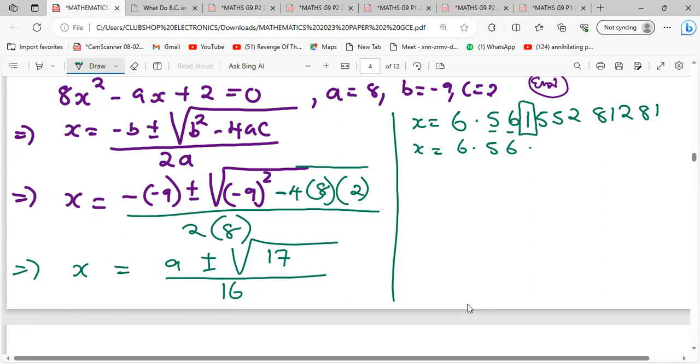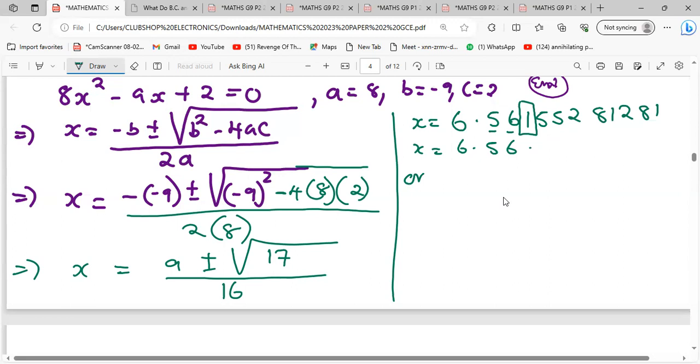Or we do it again, but with a minus. So we have 9 minus the square root of what? 17. You get about 4.87 something. Divide it by 16. Okay.